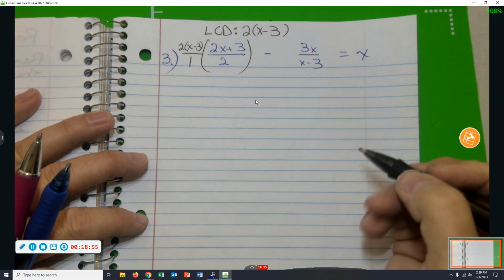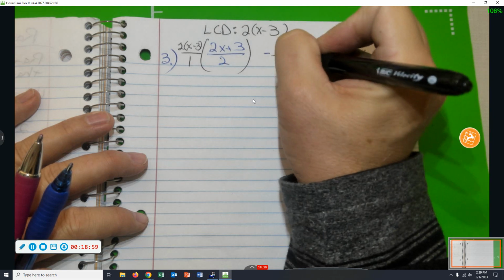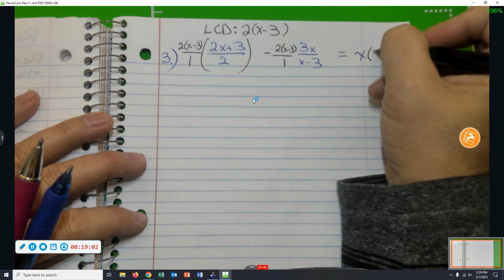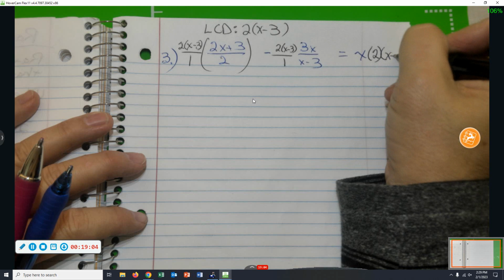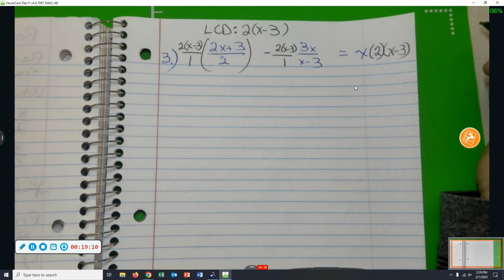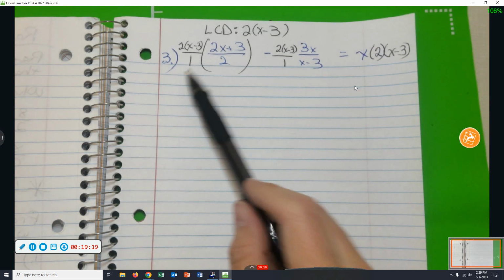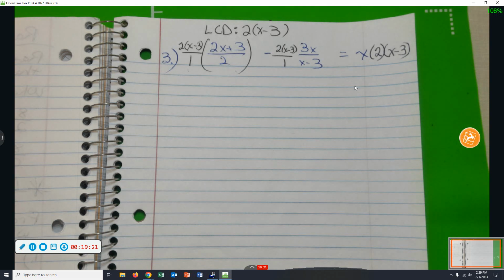And I like to put it over 1. 2 times x minus 3. And here I'll put the 2 times the x minus 3. Remember, you can cancel factors that are 1 in the numerator and 1 in the denominator. So when I'm looking at the first product, I cancel the 2.